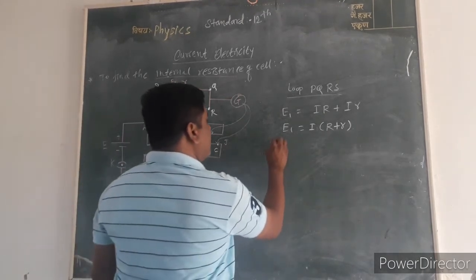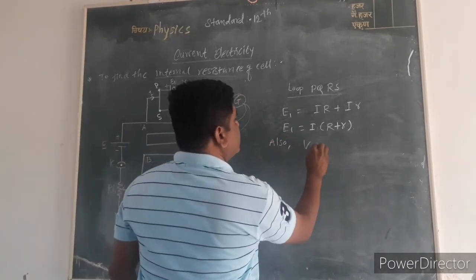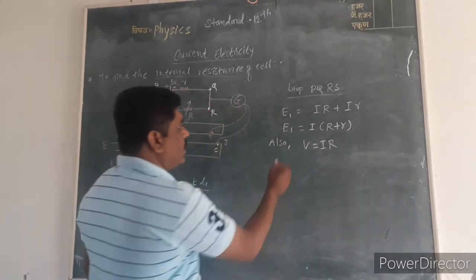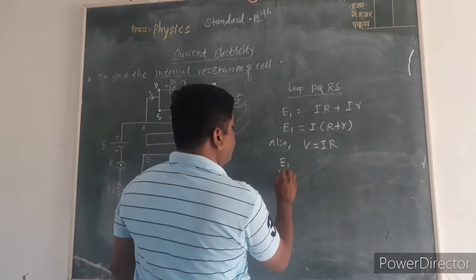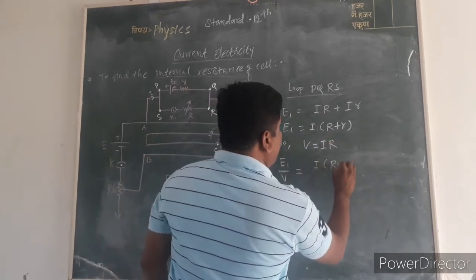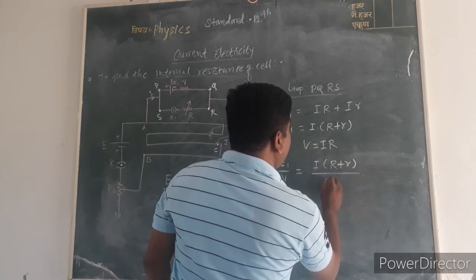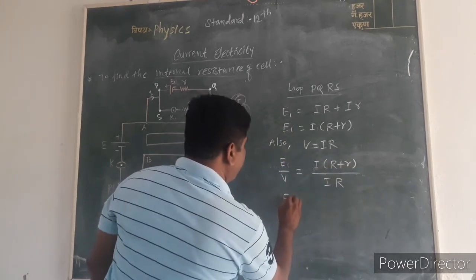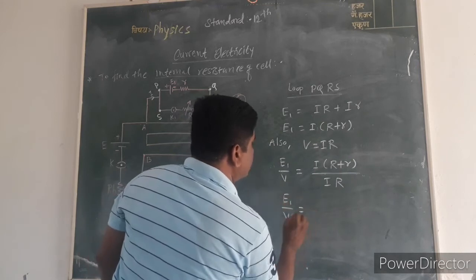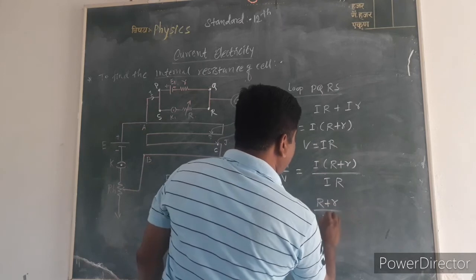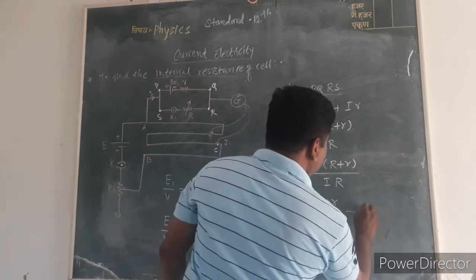Also, using Ohm's law, phi is equal to IR. Therefore, E1 upon phi is equal to IR plus Ir divided by IR. I cancel. E1 upon phi is equal to R plus small r divided by capital R.